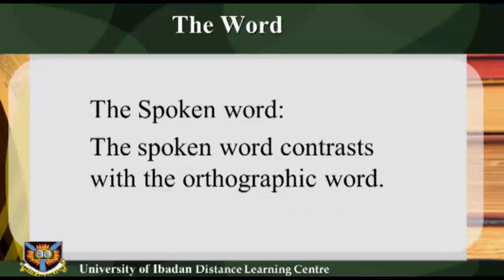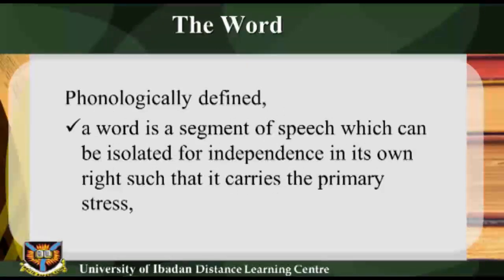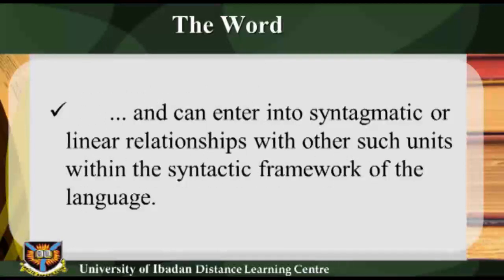The spoken word. The spoken word contrasts with the orthographic word. Phonologically defined, a word is a segment of speech which can be isolated for independence in its own right, such that it carries the primary stress and can enter into syntagmatic or linear relationships with other such units within the syntactic framework of the language.